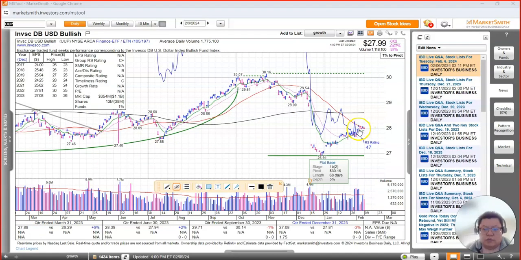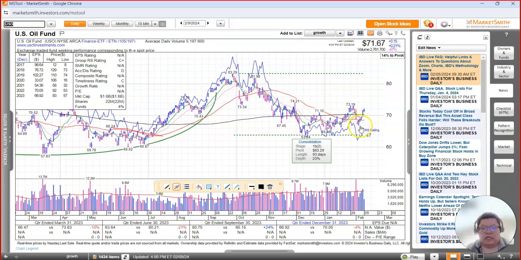So the dollar didn't move as much this week. It actually fell back to the low of the range. I guess on Monday it gapped up, but then it closed on the weak side. Oil is actually the opposite, which is interesting, right?